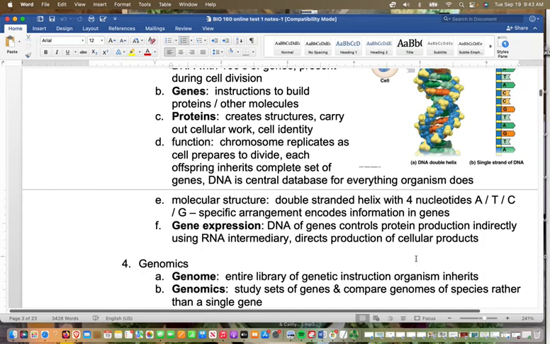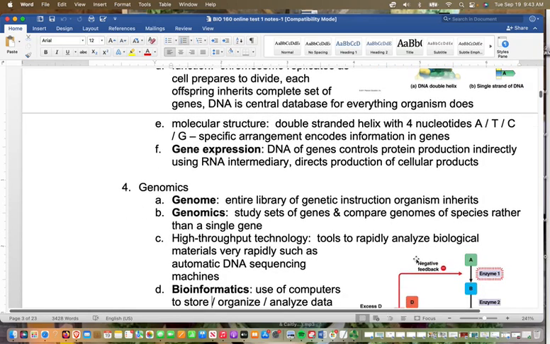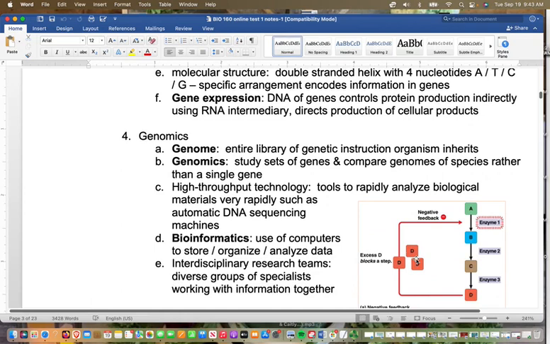So the genome is the entire library of genetic instructions that an organism inherits. Genomics just studies the sets of genes and compares the genomes of the species rather than a single gene like genetics does.